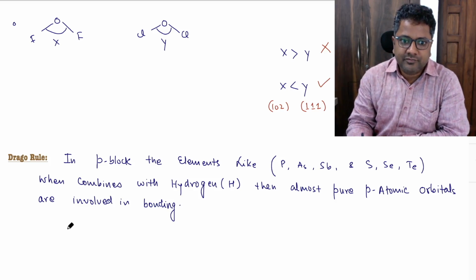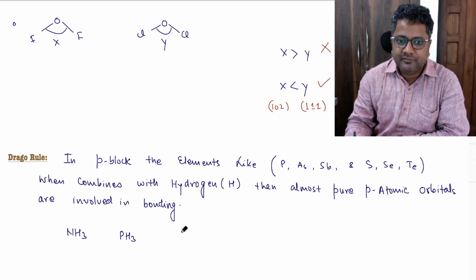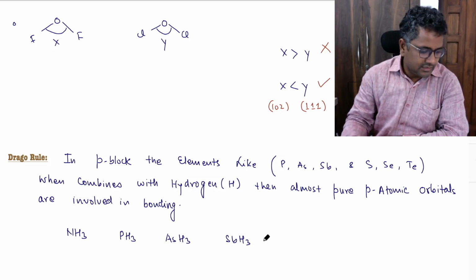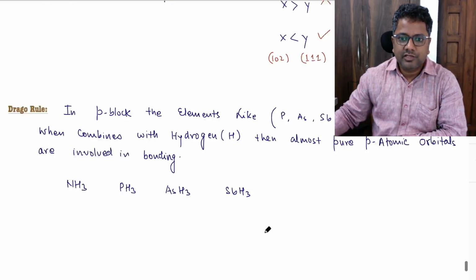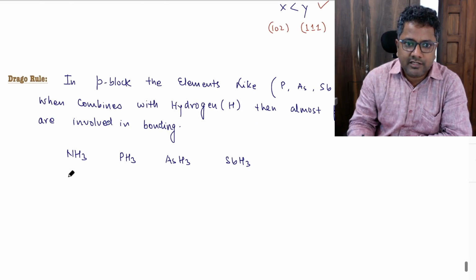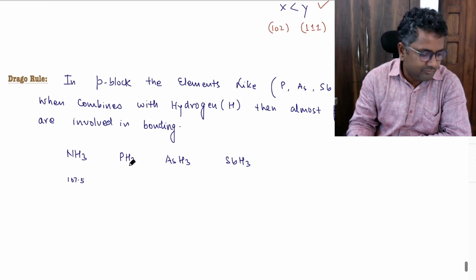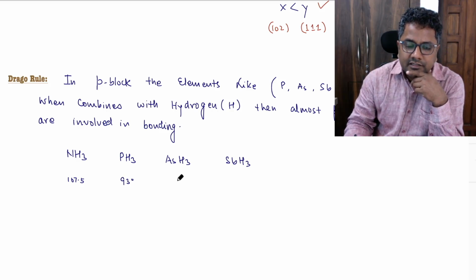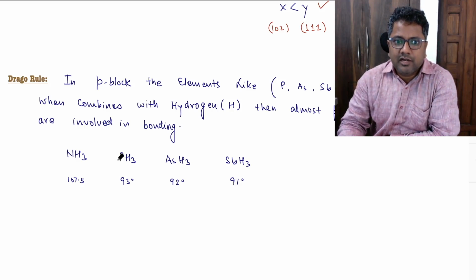So suppose you see the bond angle in case of NH3, PH3, AsH3, SbH3 and BiH3. The H-N-H bond angle here is 107.5, in PH3 I think it is 93, this is 92, and this is 91. Now tell me, what is the bond angle between px, py, pz? 90 degree.